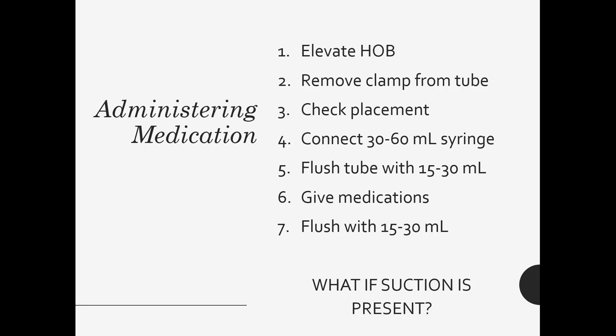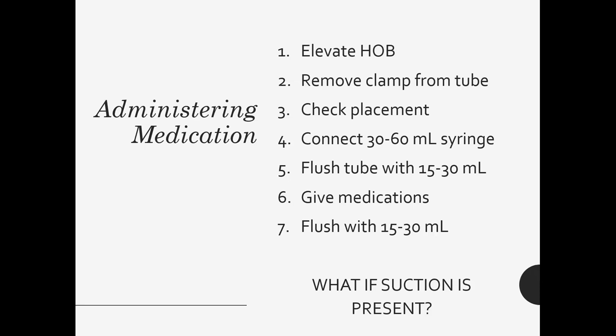Okay, so if we are giving medications through an NG tube, same kind of concepts. We're going to make sure that their head of the bed is elevated. We're going to check for placement. If they are hooked up to suction, then you're going to clamp the tube or remove it from the suction. And then after you've checked placement and all of that, you can go ahead and flush the tube.